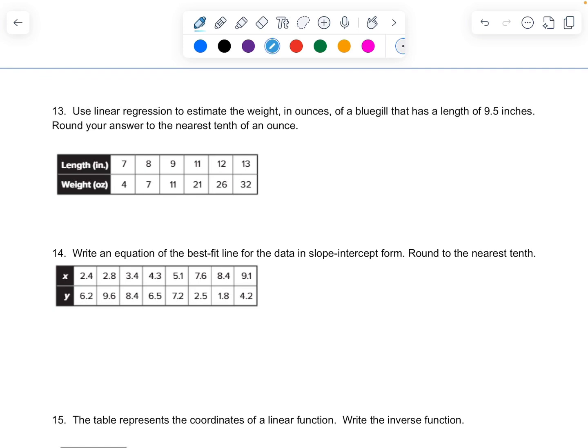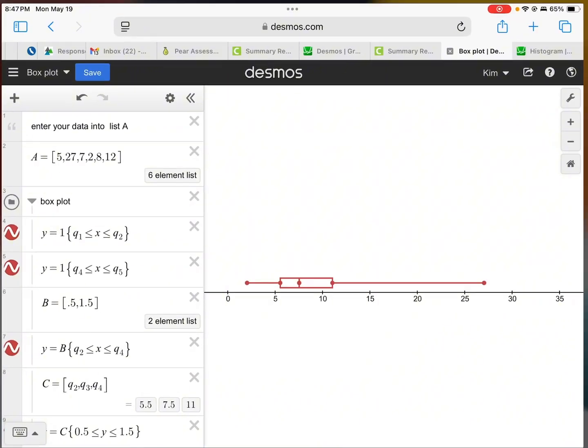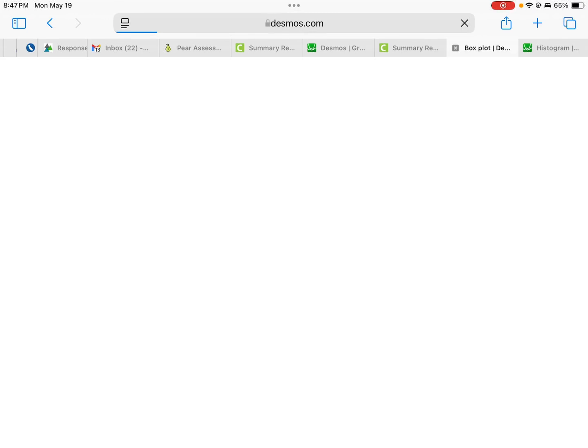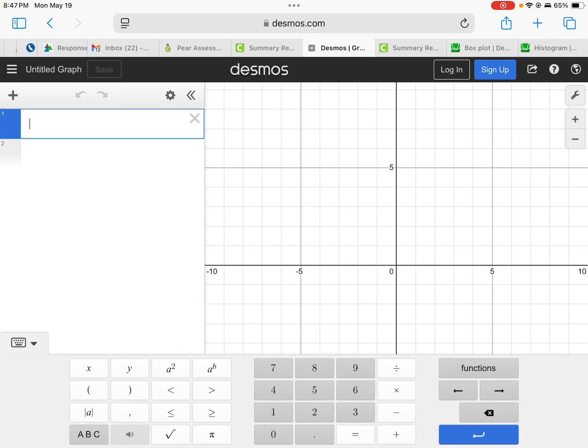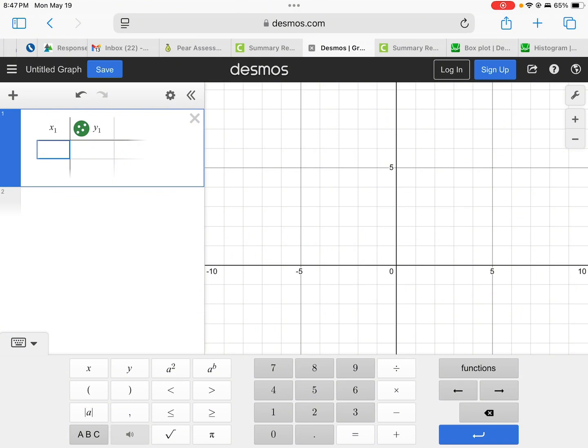So if I was going to put this in, I am going to go to Desmos. Okay. So I'm going to plug in my table.